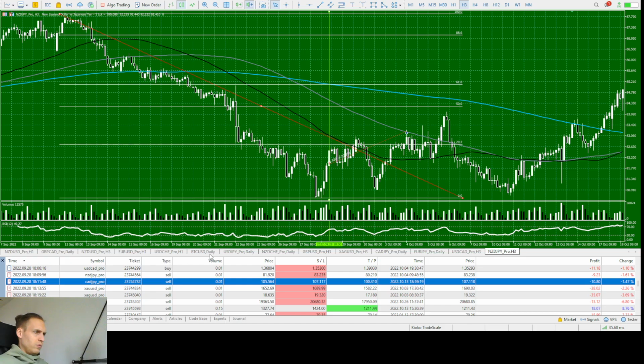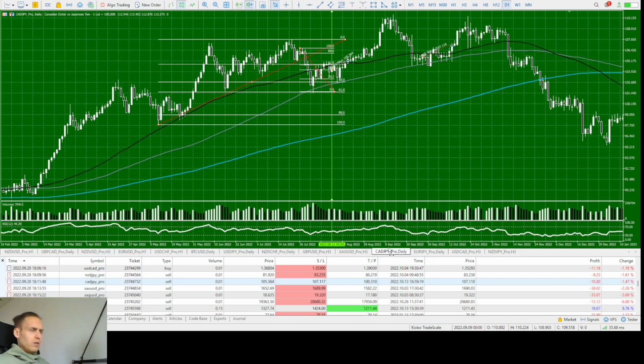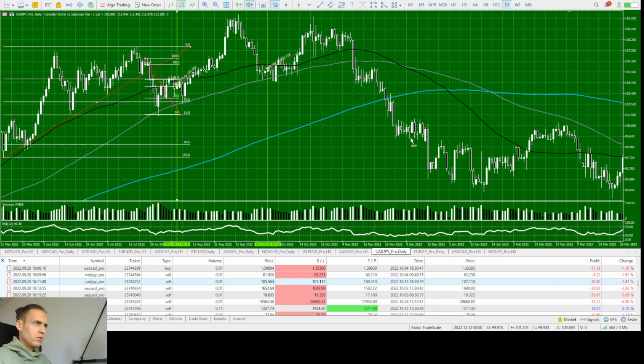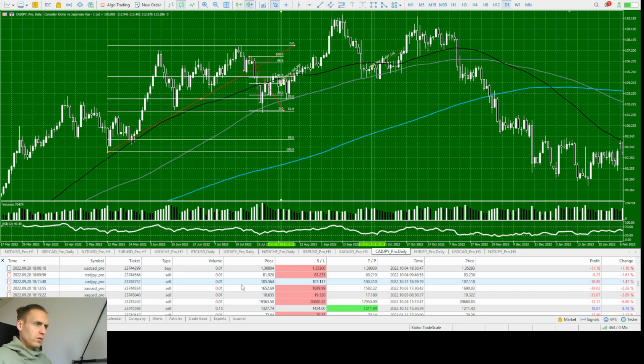Okay, cut JPY. Is it there? Yes. Trying to short it after seeing a nice retracement to 61.8.